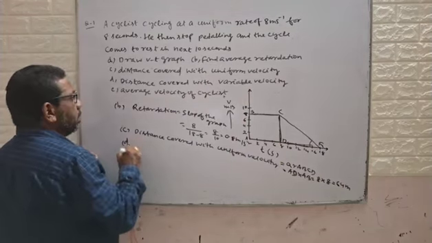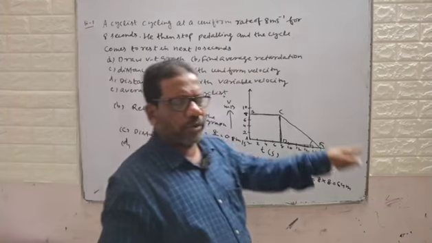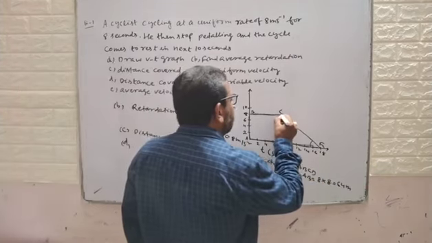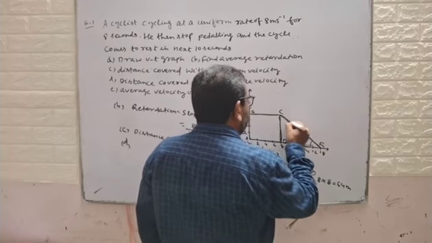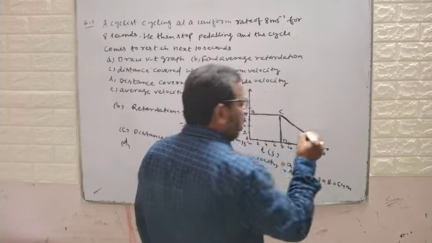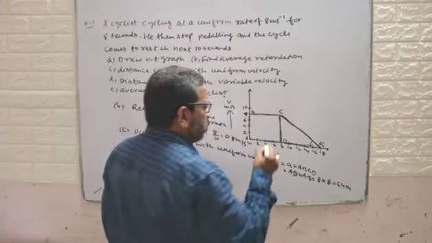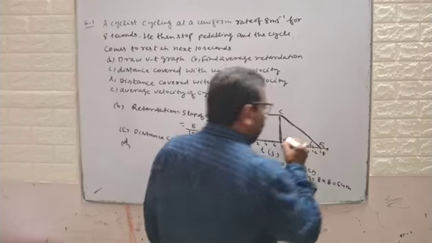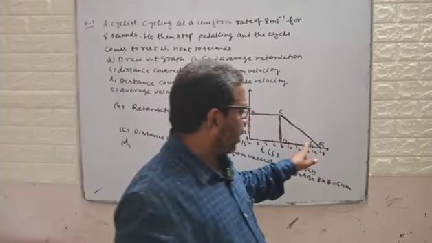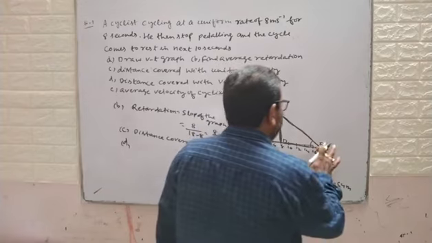Now, distance covered with variable velocity. This part of graph shows the body travel with variable velocity. So, to calculate the distance, we have to find the area of the triangle CDE.